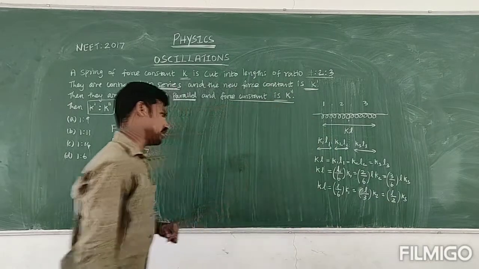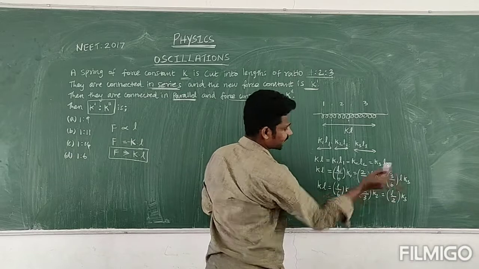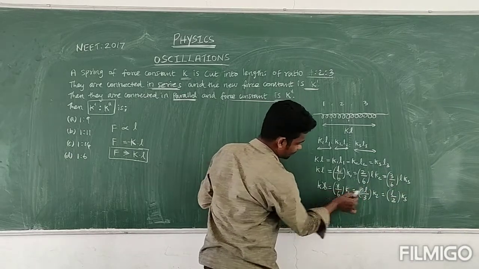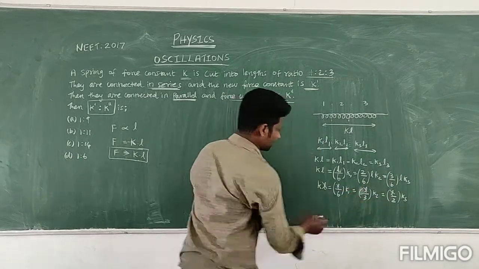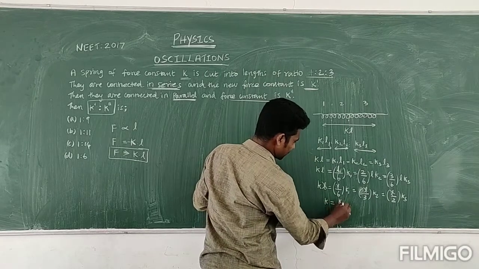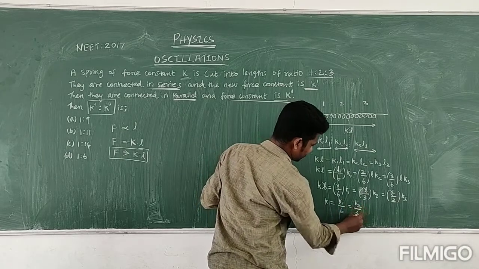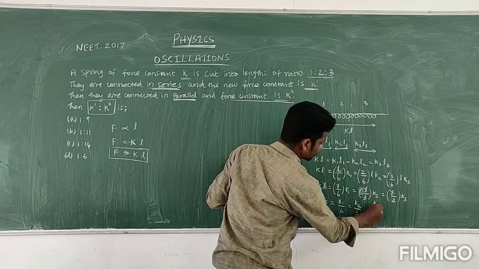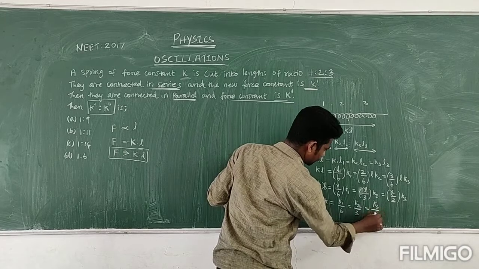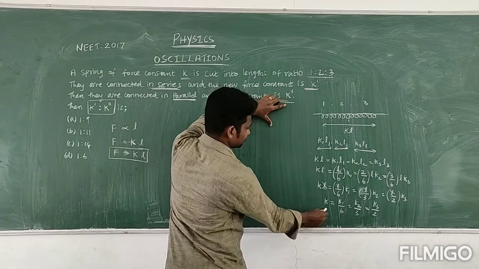Now see that in all the equations the L value will be cancelled. So the remaining terms: K is equal to K1 divided by 6, equal to K2 by 3, equal to K3 divided by 2.